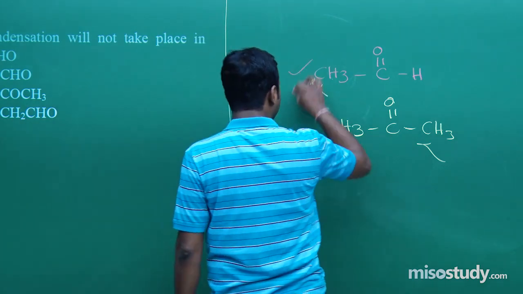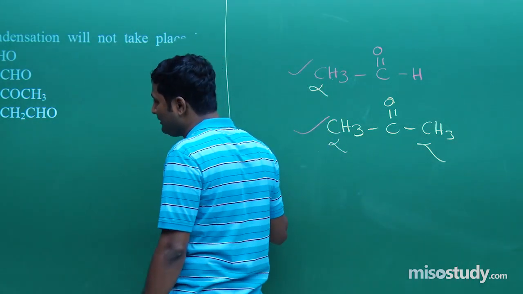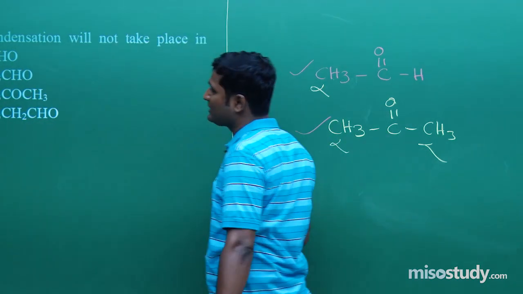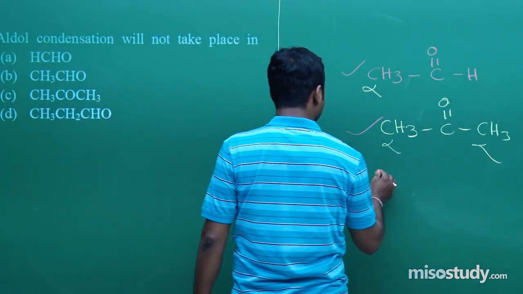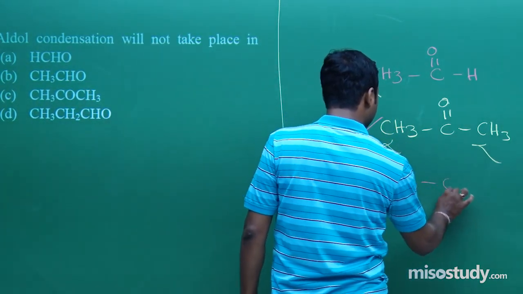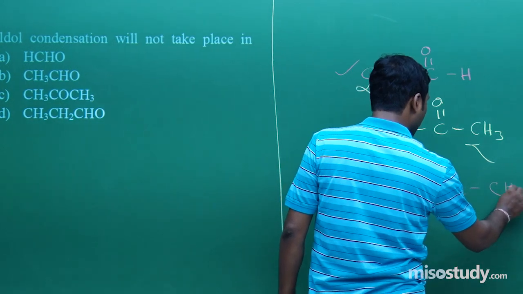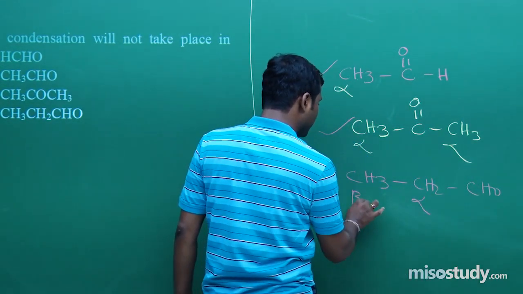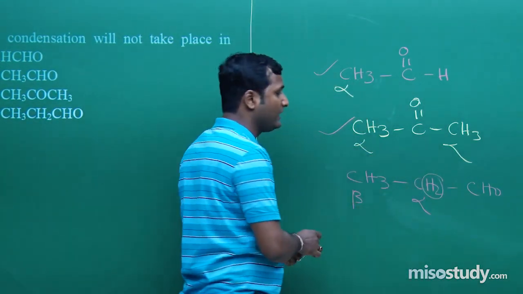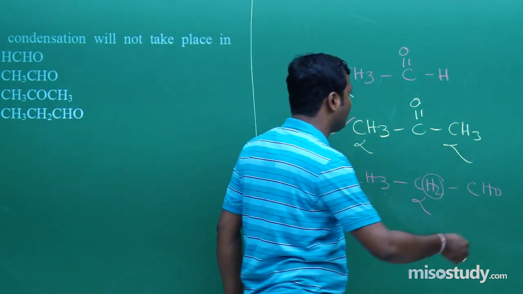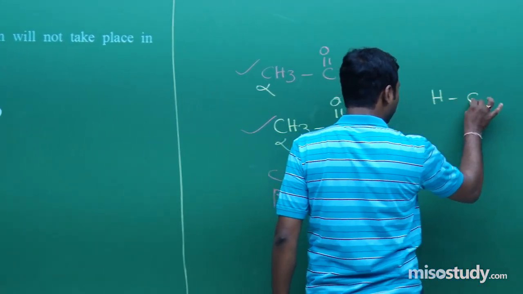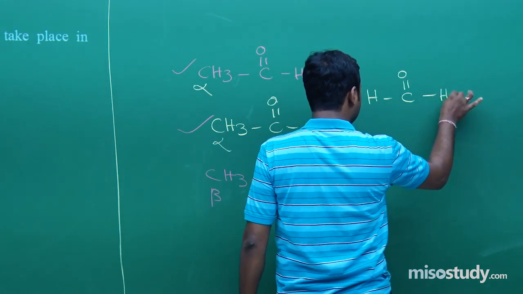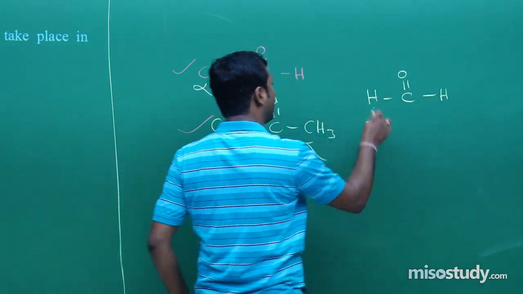So aldehyde, acetaldehyde, and ketone can give it, similarly CH3CHO also. Here is CH3CH2CHO. Look at this one is alpha, this one is beta carbon. So it also contains beta hydrogen. But if I talk about HCHO, look at this one. This does not contain an alpha carbon.